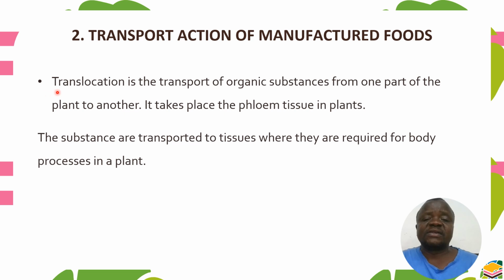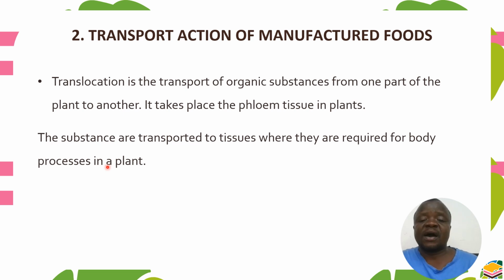So we are saying translocation is the transport of organic substances, basically food substances, from one part of the plant to another. It takes place in the phloem tissue in plants.